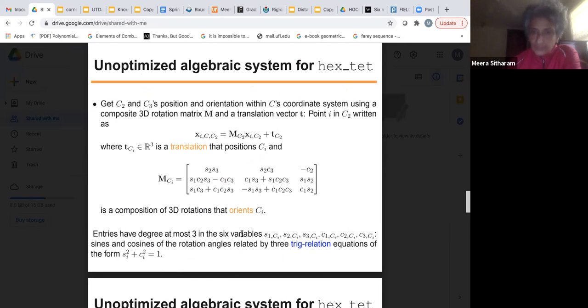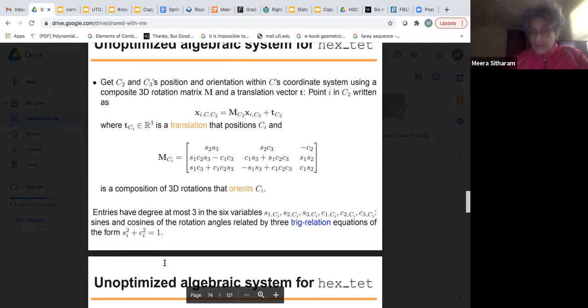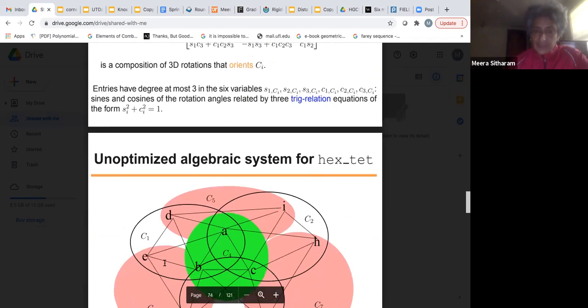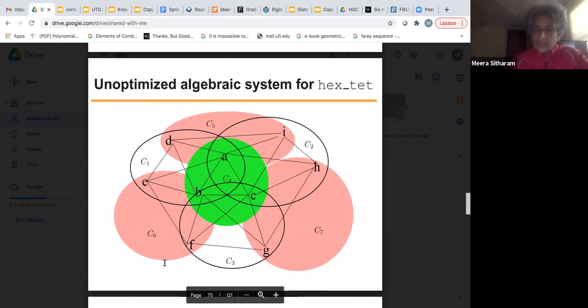In 3 dimensions, of course, you have 3 cosines and 3 sines, and then you have the SI squared plus CI squared equals 1, 3 of them, instead of just 1 as in the 2-dimensional case. So if you did that, that's your unoptimized algebraic system, which is again just for this 1 recombination step. Remember, each recombination step corresponds to 1 block of the larger system that you're solving.